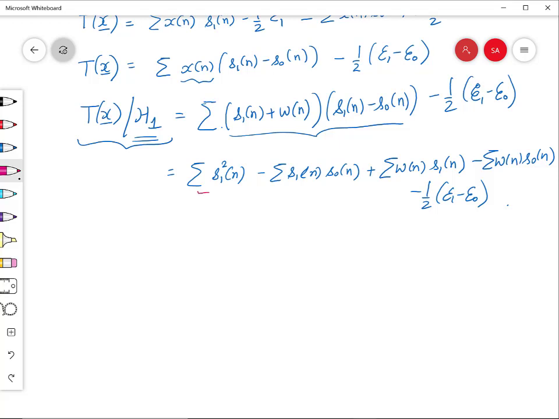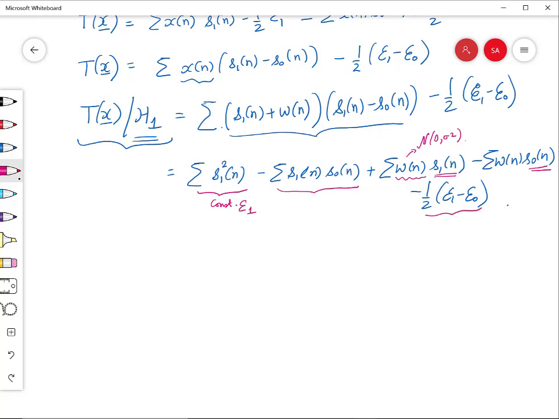You can see our signal is fixed, so this is a constant, which is in fact energy E1. This is also another constant, which is a correlation between S1 and S0, the two signals. S1 is constant, S0 is constant here. W[n] is a random variable, a noise process, which is distributed as a Gaussian with mean 0 and variance sigma squared. This is again a constant.